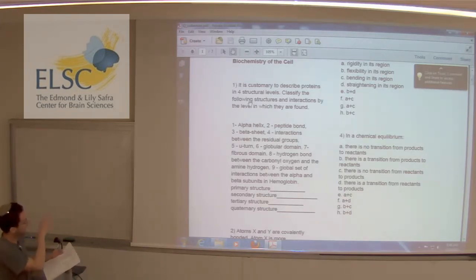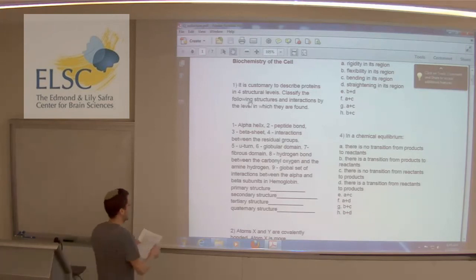You have a list of structures and interactions, and then you have to match each one to the structural level. It's actually a question that lots of people had trouble with, but I didn't take it out because all in all I think it's correct. So let's start with primary structure.